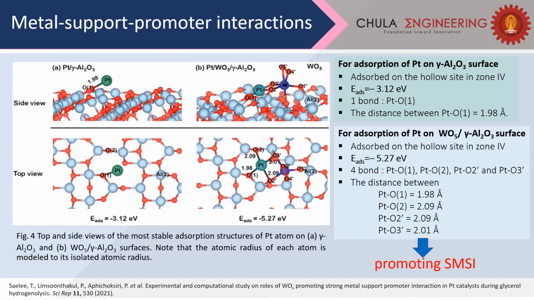Therefore, the low platinum leaching found in the platinum tungsten oxide on gamma alumina is due to strong metal support interaction promoted through the gamma alumina surface and the tungsten species as well.